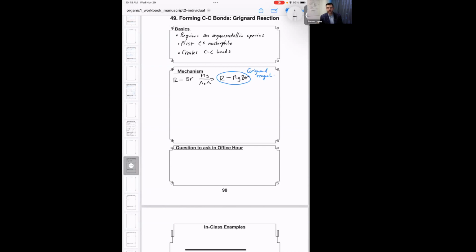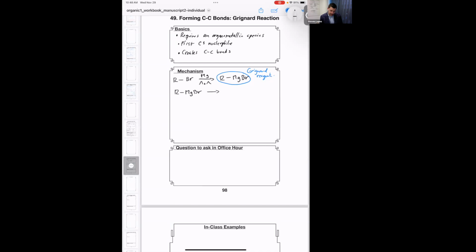And I like to show a resonance form that highlights the nucleophilicity of this R group. When we show the organometallic compound like this, we call it an organometallic because it has an organic part, that's the R, and a metallic part, which is the magnesium bromide.